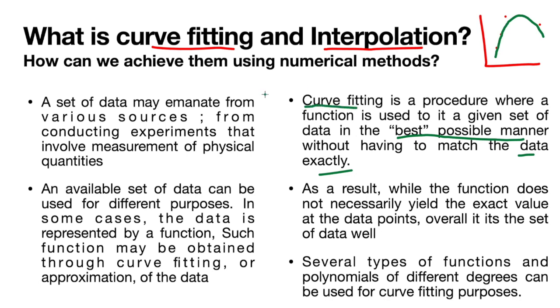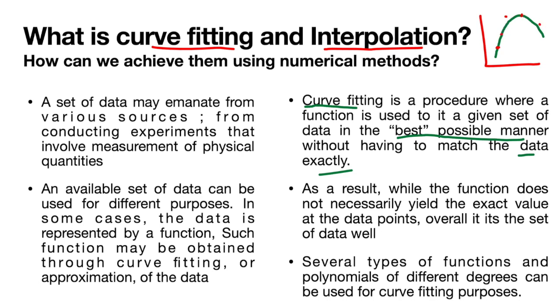So why do we need that? Similarly, interpolation: in this example I have just drawn, these were the data points. So you know that only at these points we know the exact value.